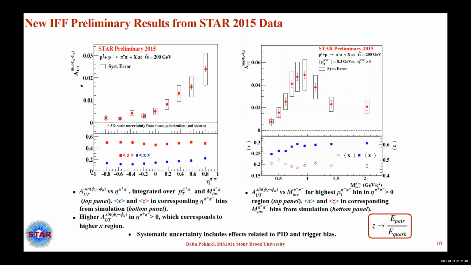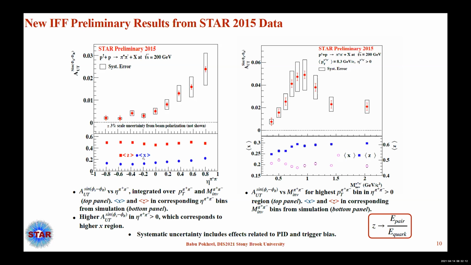On the left, the asymmetry is shown as a function of integrated eta bins, integrated over PT and invariant mass, on the top panel, and on the bottom panel, z, which is the fractional energy of the quark carried by the hadron pair, in red points, and the blue points are x, the fractional momentum of the proton carried by the quark, where x increases almost linearly with the pseudorapidity.